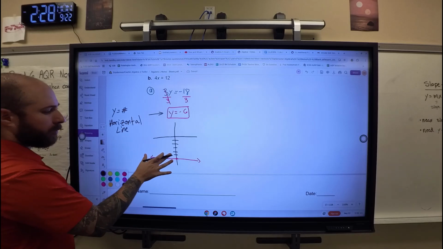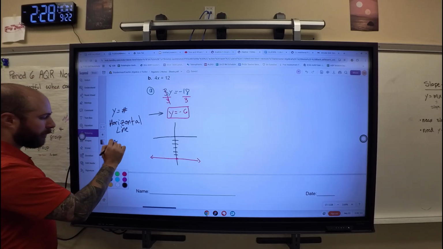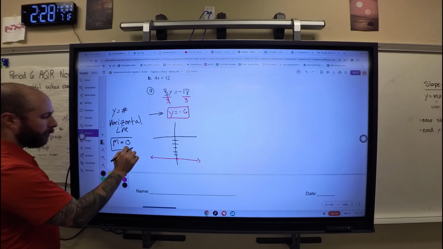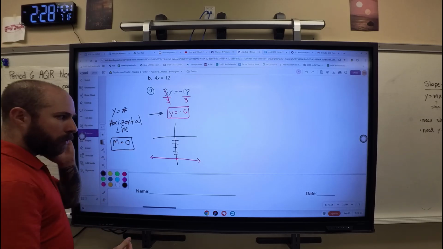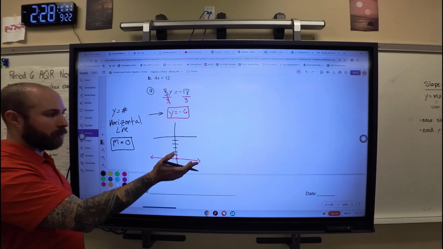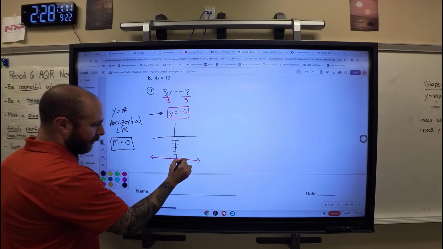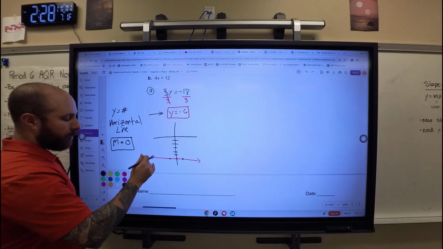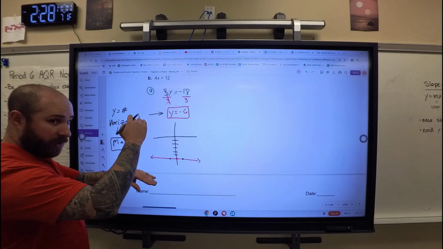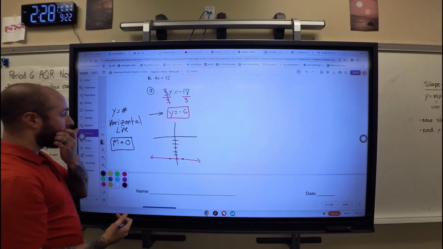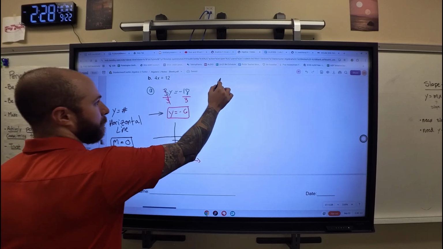And any horizontal line that we have here is going to have a slope that is equal to 0, right? If I ever ask you a question of like, hey, what's the slope of our horizontal line? It's because the change in our y's divided by our change in our x's is 0 divided by our change in our x's, it's always going to give us 0. Okay?